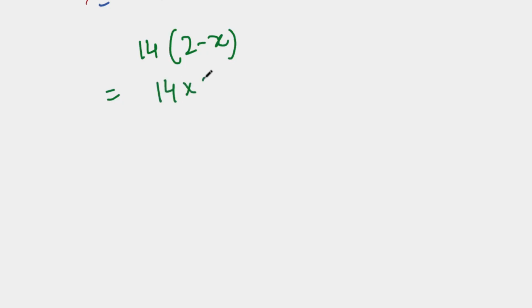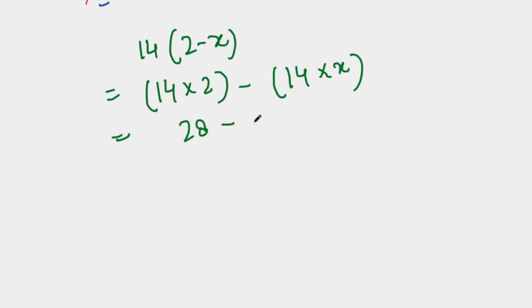So 14 multiplied by 2, then there is a minus sign in between, so we will put a minus sign here, and then 14 will be multiplied to x. It gives us 14 times 2 is 28 and 14 times x is 14x, because 14 is a constant and x is a variable, so we cannot get directly a value out of it, but we will write 14x. Okay, so this is how we expand.